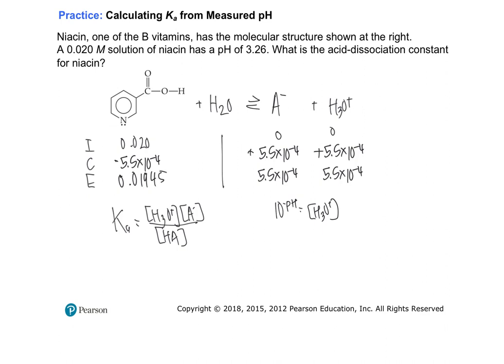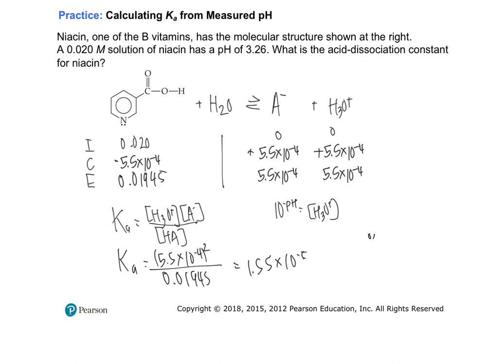Okay, so now we can plug in Ka equals our products, and they're the same, 5.5 times 10 to the negative 4 squared over my reactants, 0.01945, and we get 1.55 times 10 to the negative 5th. So weaker than the last one.